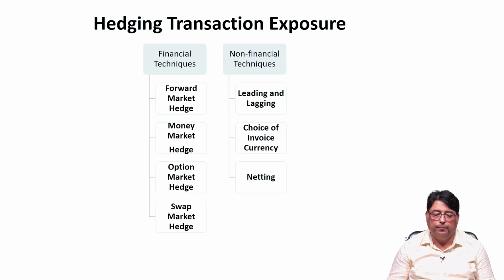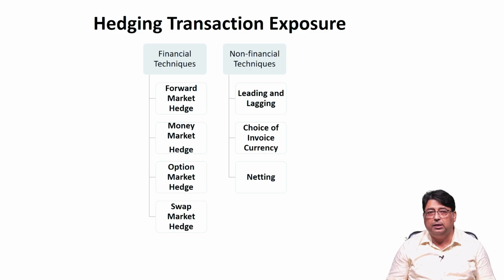In many cases the firm leaves itself to the fortunes of fluctuations of the future exchange rate, but that is not good for financial planning or for cash planning. So, the firm has to do away with this kind of speculative bias.